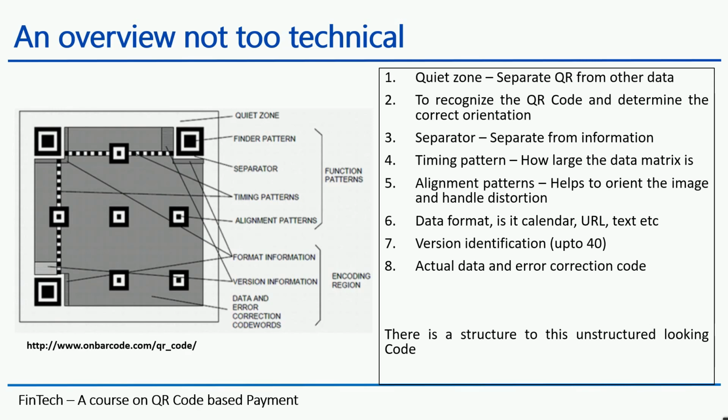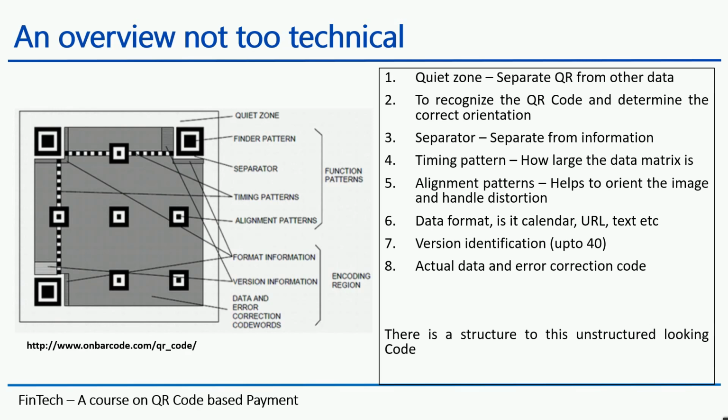The next part is called the finder pattern, which helps a QR code reader or smartphone identify the orientation of a QR code, which means how it is placed, whether vertically or horizontally, what the correct orientation is, or how to read the data in what structure. Then the third part is called the separator, which separates the finder pattern from all other data in the QR code.